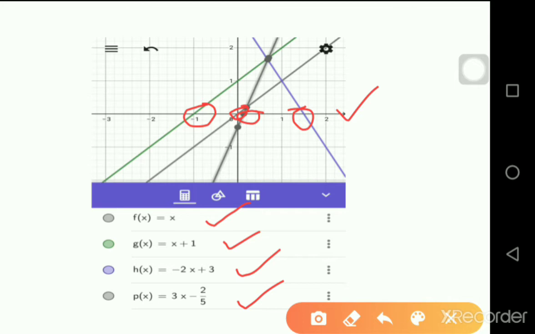So the linear polynomial has only one zero. That is, the number of zeros for a linear polynomial is exactly 1, and the graph of the linear polynomial intersects the x-axis at only one point.